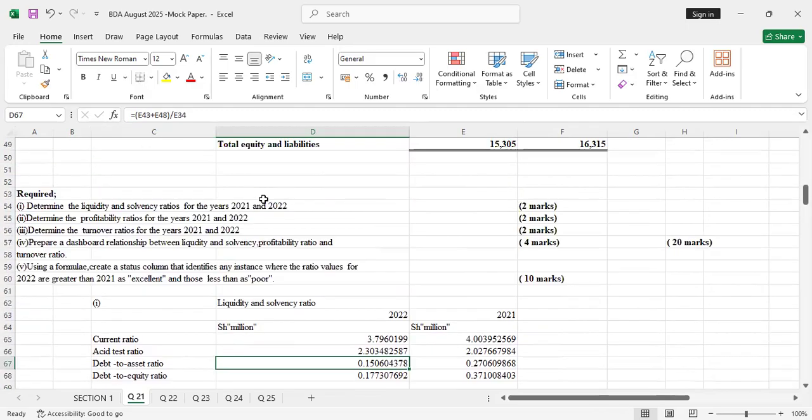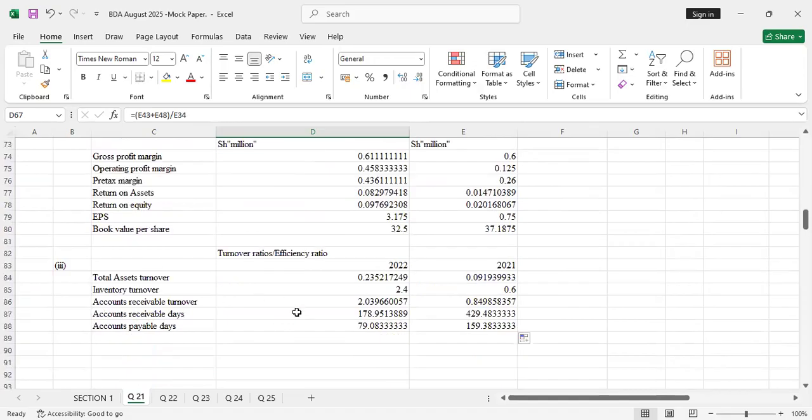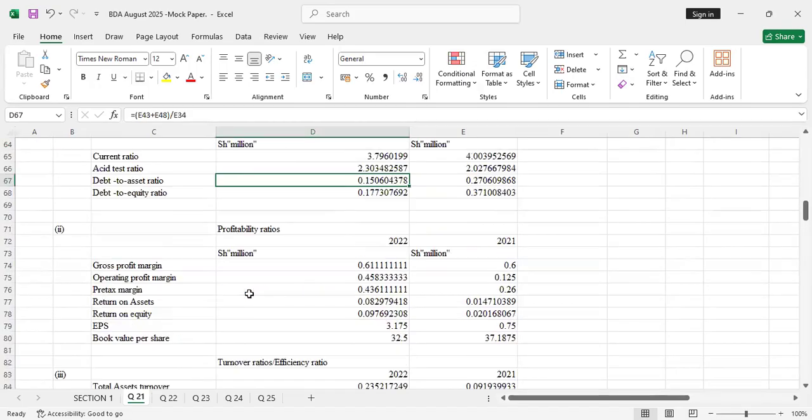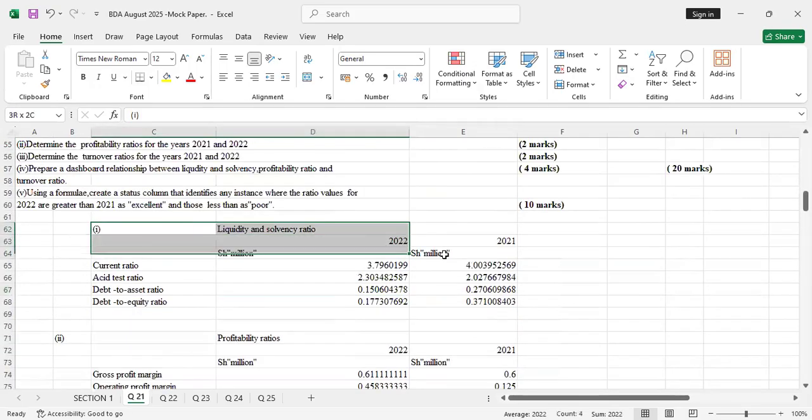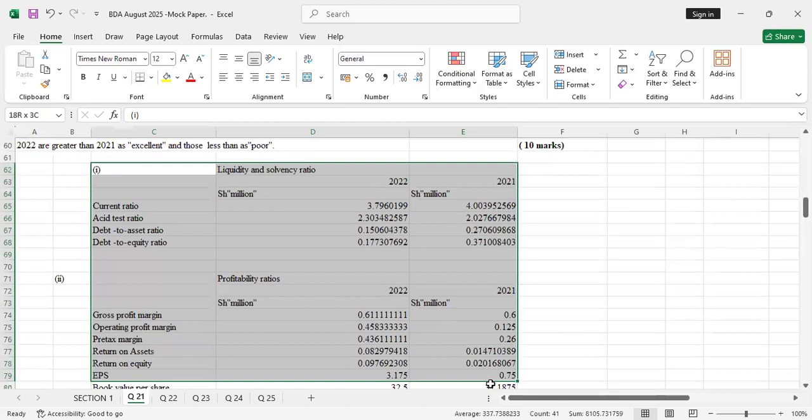What was the examiner saying? Prepare a dashboard relationship between liquidity and solvency, that's 1, profitability ratio, that's 2, and turnover ratio, which is what you have done. It also has to capture the headings, so I'll highlight and select all of that up to the last.